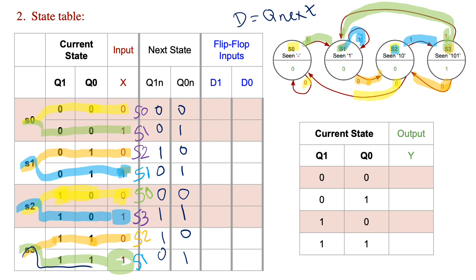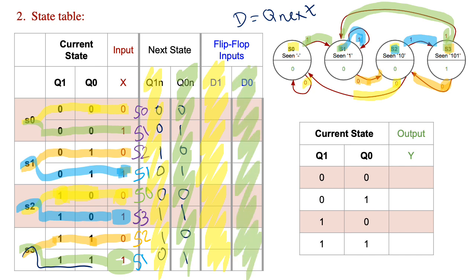So we can simply copy the column of Q1 next and write it here, and then copy the values of Q0 next and write them as the values for D0. So I'll simply copy them as they are. We're going to have here 0, 0, 1, 0, 0, 1, 1, finally 0, and then 0, 1, 0, 1, 0, 1, 0, 1.